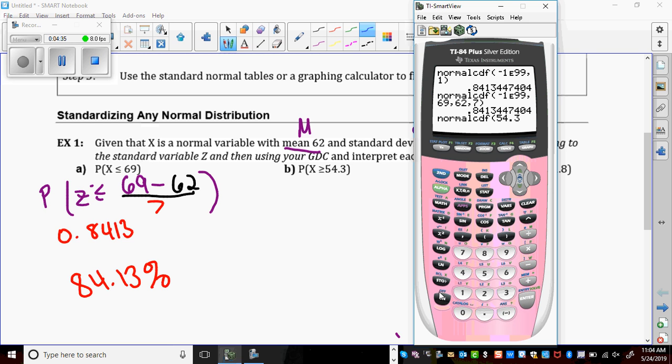My upper bound is going to be infinity. So we're kind of switching these. Upper bound is infinity, so 54.3 to infinity. My mean and standard deviation are going to stay the same, 62 and 7. This one will give us an 86.4%.